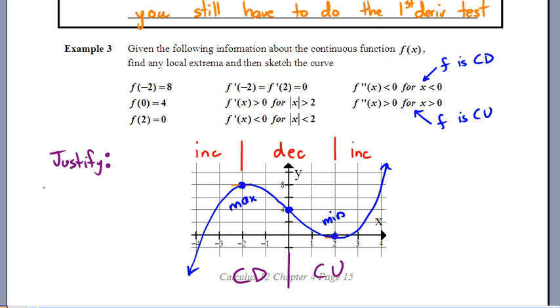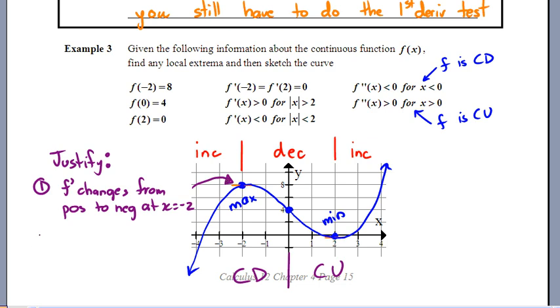Two options. Option 1, you could say f prime changes from positive to negative at x equals negative 2. So right here. That would do it.